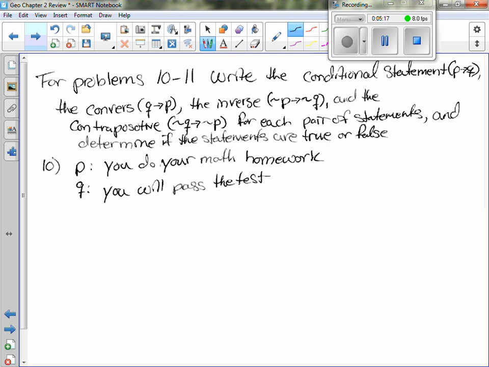Ten through 11. I'm only going to do one of these here. Do we want to do number 10 or number 11? I heard one of each.